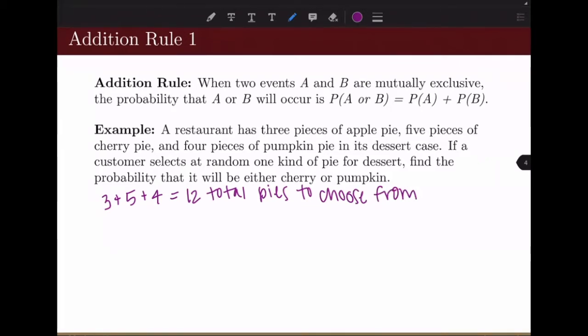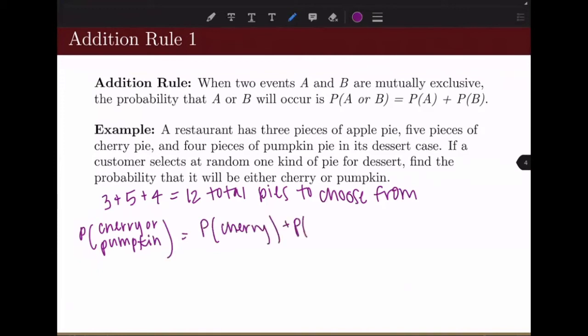Now you can't simultaneously pick a piece of cherry pie and a piece of pumpkin pie, so this is mutually exclusive. So the probability of cherry or pumpkin is equal to the probability of cherry plus the probability of pumpkin.